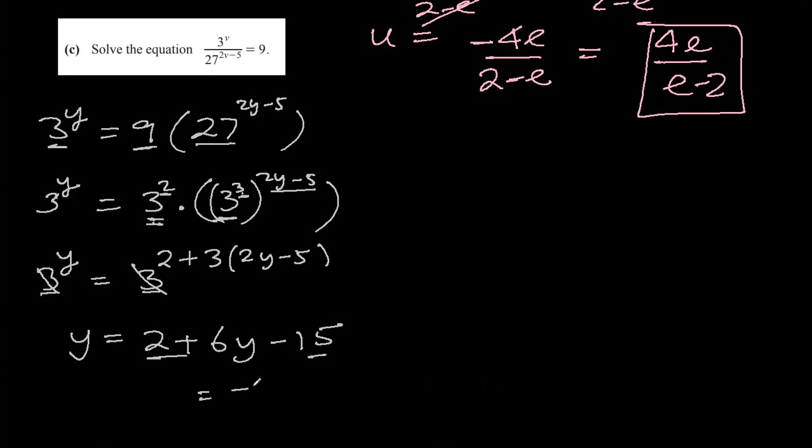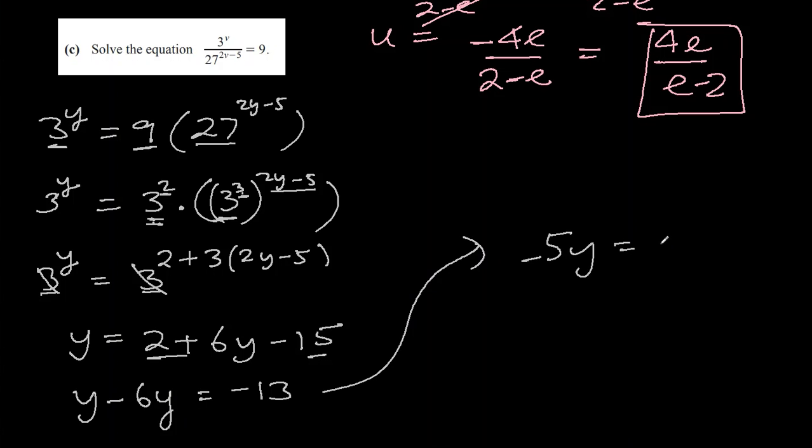Okay, 2 and 15 will stay here, become minus 13. y minus 6y will go to the left side. Let's complete here. Minus 5y equal to minus 13. y equal to, divided by minus 5 both sides. They cancel out. 13 over 5.